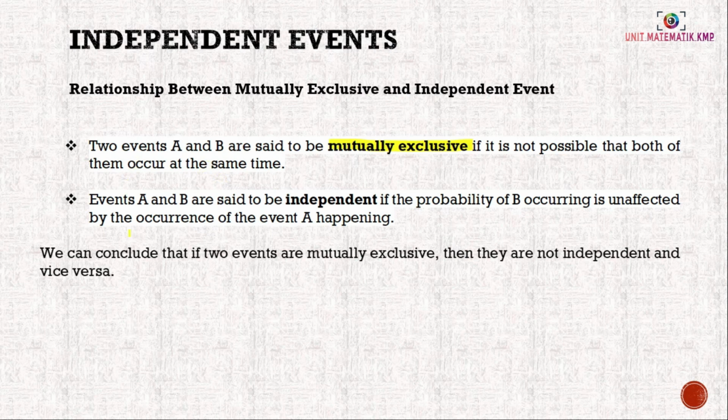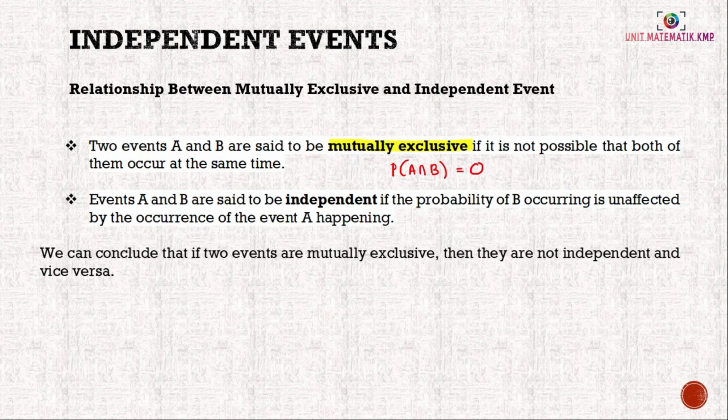So maksudnya event A dan event B tu tak boleh berlaku pada masa yang sama. Dan kita tahu kalau nak prove yang mutually exclusive event tu, kita kena cari probability of A intersect B, dia akan dapat sama dengan kosong. Sebab dia tak ada intersection lah.